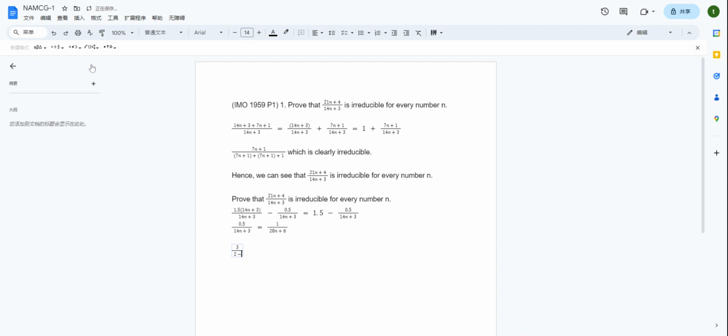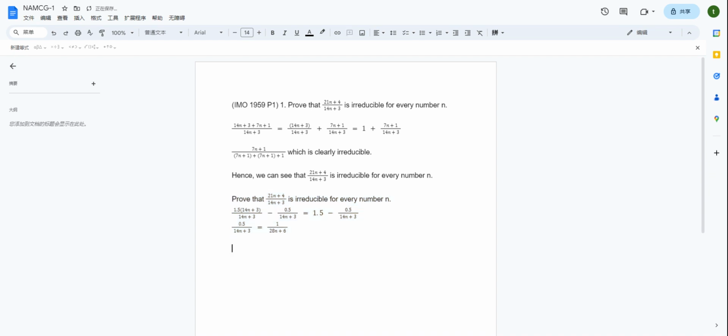So it's equal to 3 over 2 minus 1 divided by 28n plus 6. So in this case, this one is sufficient to show that 21n plus 4 divided by 14n plus 3 is irreducible for every n.